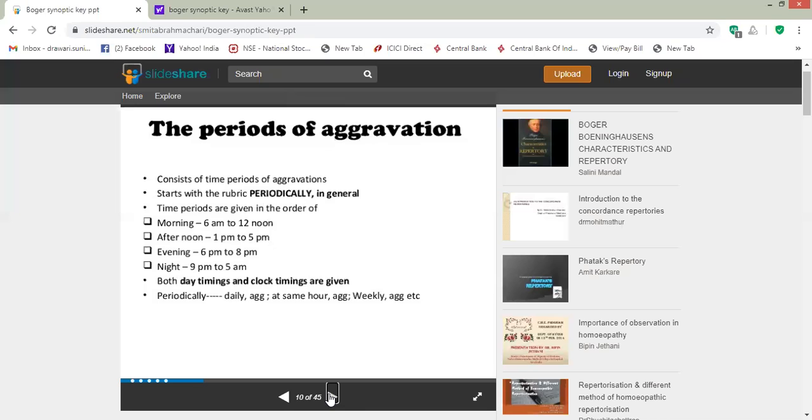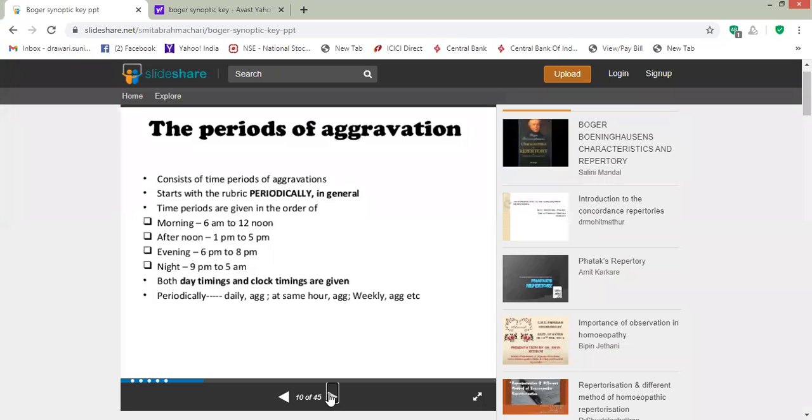So the time was given from morning after the periodically in general rubric. The time periods are given first in morning, in that 6 a.m. to 12 noon, all the aggravations are mentioned. Then the aggravations at afternoon, that is 1 p.m. to 5 p.m., all aggravations related to this time are given.